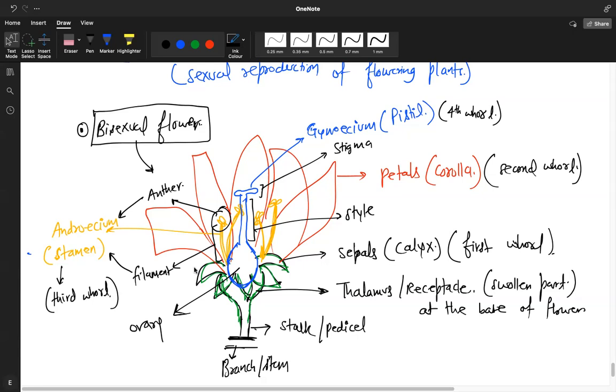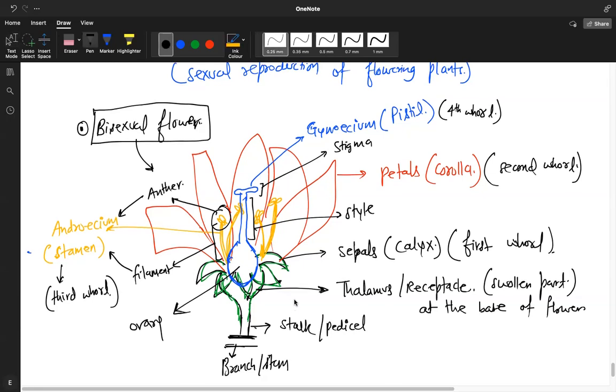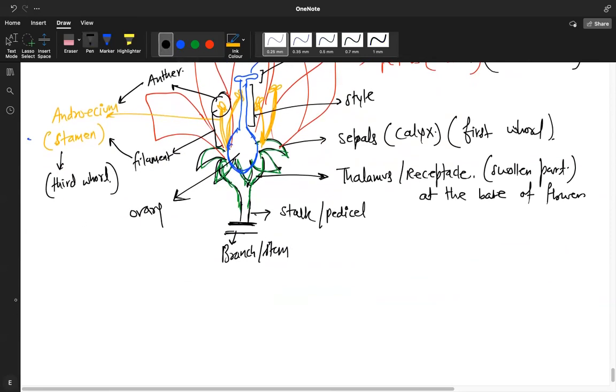It is green in color and leaf-like. And protects the flower in the bud stage. Okay, so that's about sepal.